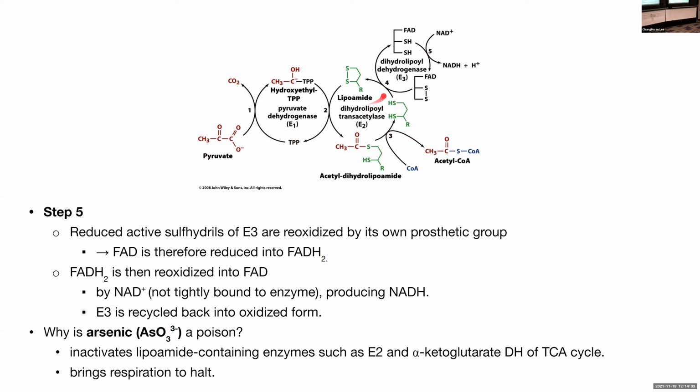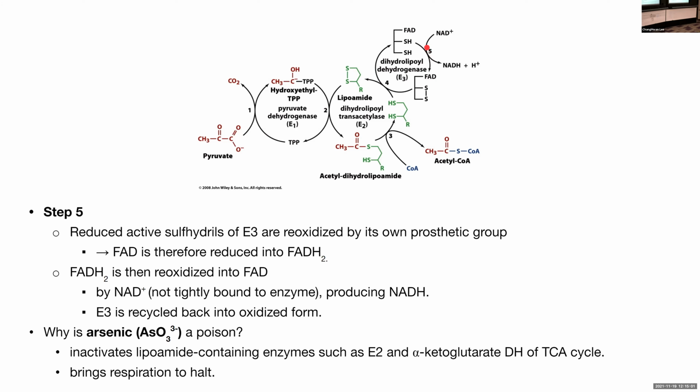So in step 5 here, the reduced sulfhydryls on E3, which you can see here, are reoxidized, meaning that they're losing the electrons to go back to their original form here.